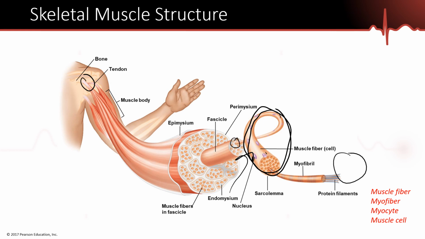That endomysium ultimately is continuous with all these other layers of connective tissue and ultimately the tendon. So where does the force that the muscle fiber generates ultimately get relayed onto?